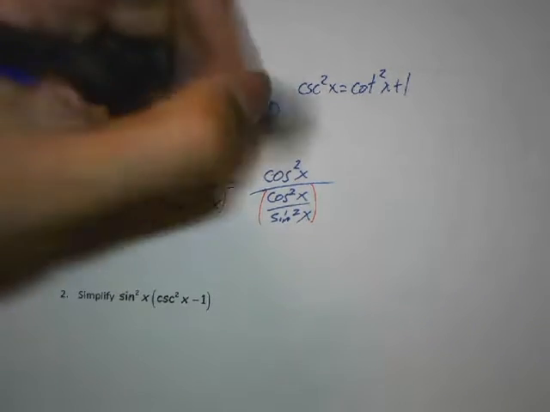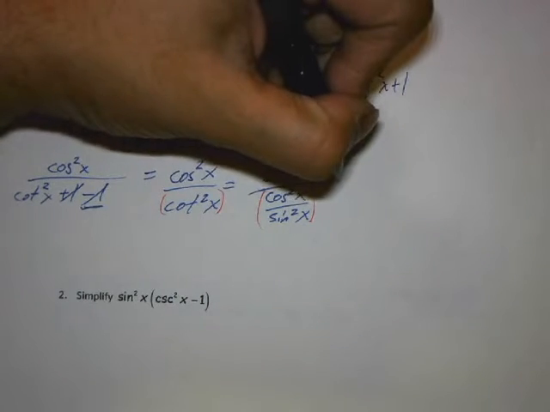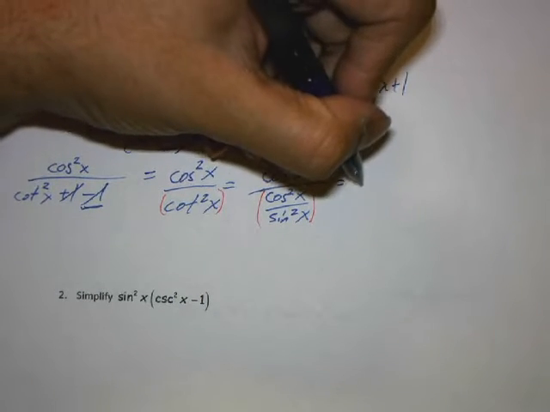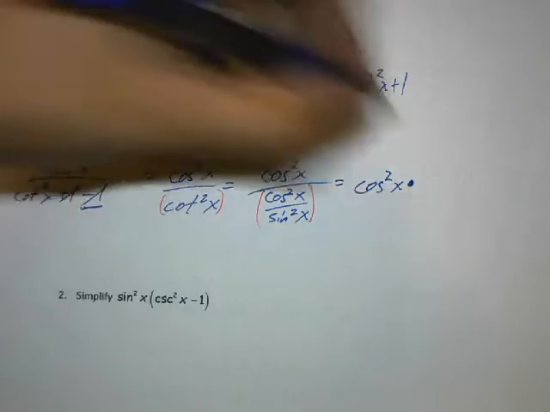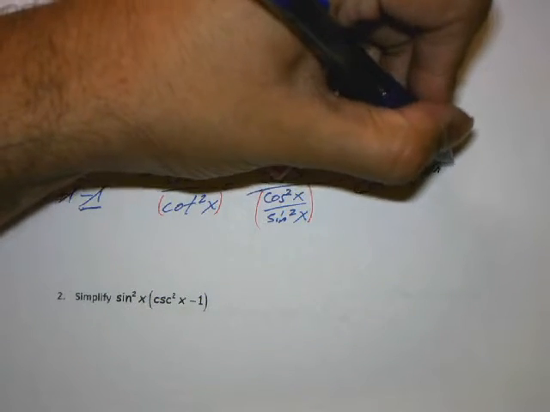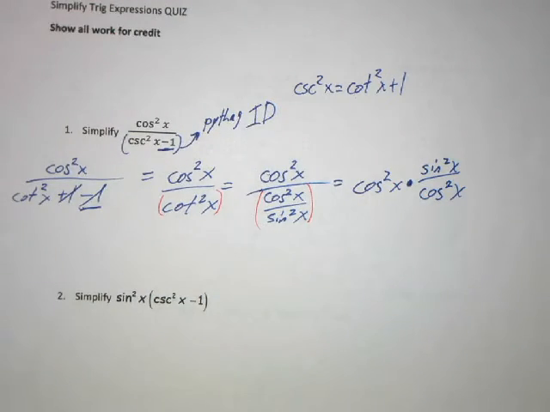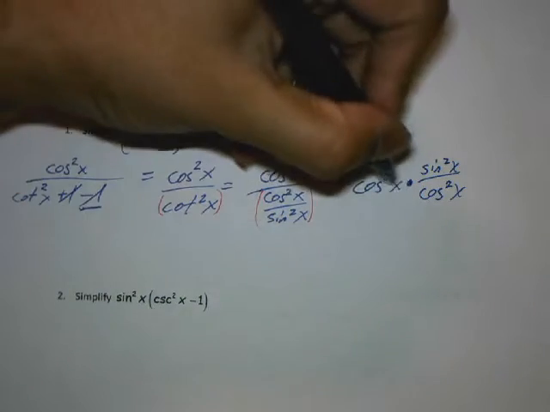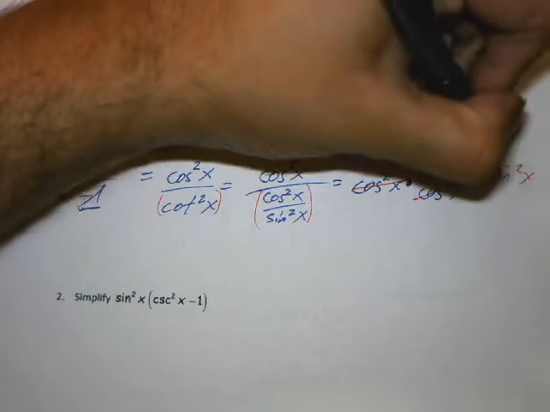Now, we can continue to solve this problem by simplifying down. I'm going to end up getting cosine squared times, remember we flip this bottom piece when we multiply. I'm going to have some pieces that cancel out, and a final answer of sine squared.